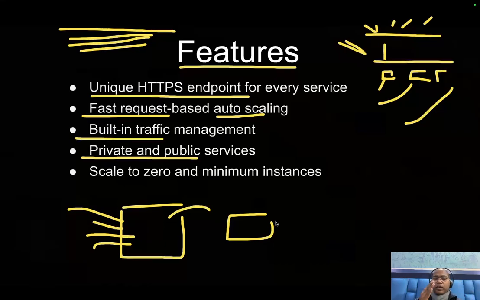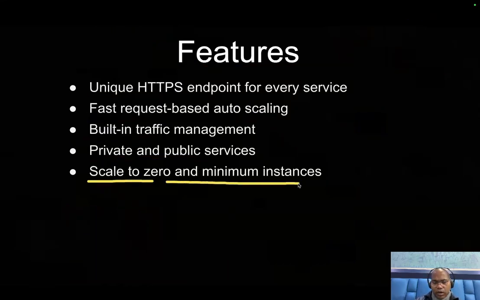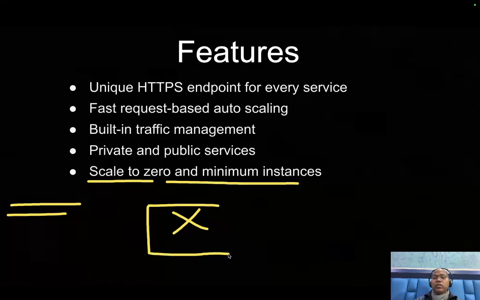So those bifurcations, who will access, that will also be offered as a feature, and scale to zero and minimum. So the Cloud Run focus: if no requests come to your application, there are no container instances running, zero instances. But in this scenario, what happens whenever the first request comes?